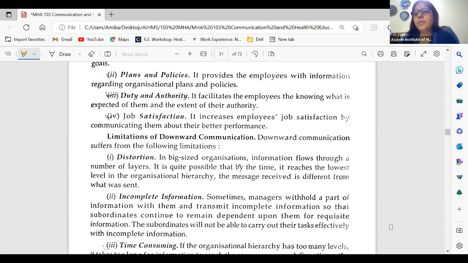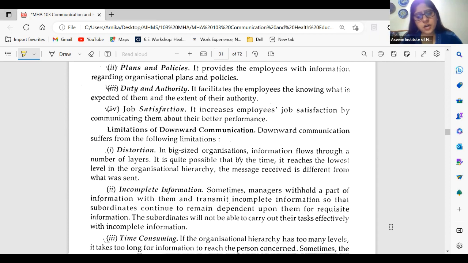And how the people at the lower level of the hierarchy perceive it, or how much they understand it, is a big question. So this information is quite distorted. Whatever started from the top, whenever it reaches the bottom, there is a lot of difference from what information was communicated.